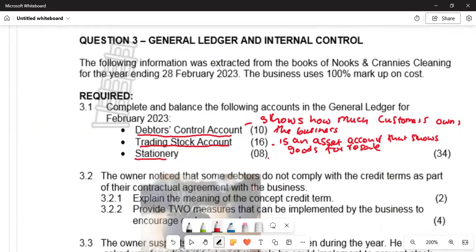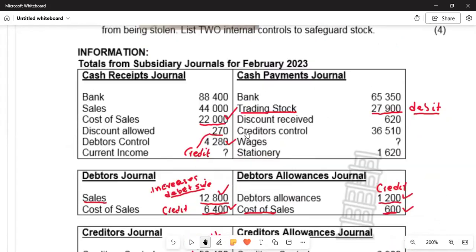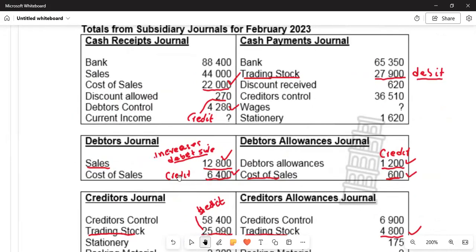Stationery account is an expense account, part of operating expense. So now we are to go under the information first. Quickly, let us attend to it.